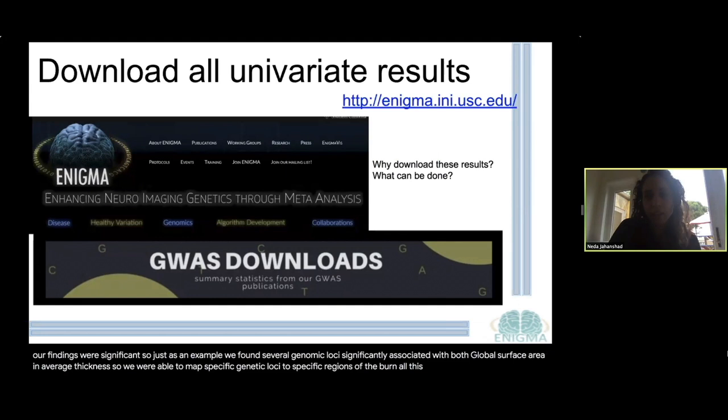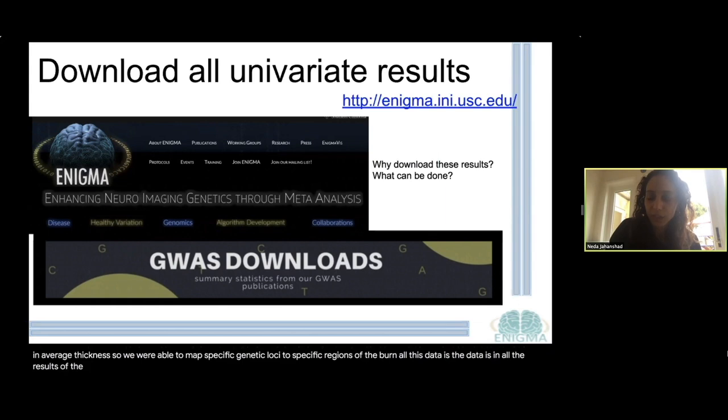All the results, all the association summary statistics, are available to download. You can go to the ENIGMA website, click on the GWAS downloads, and request the summary statistics.